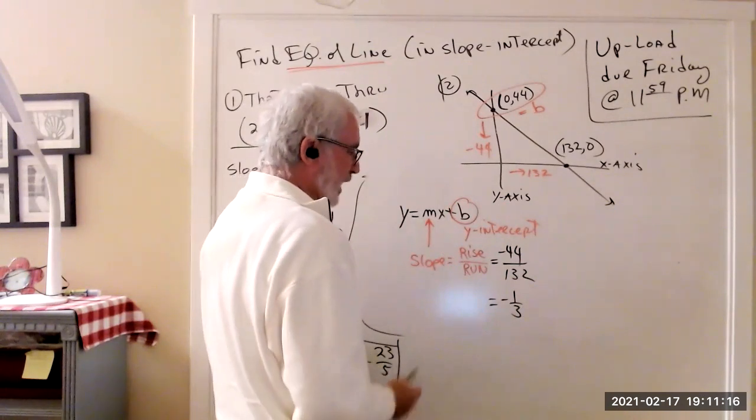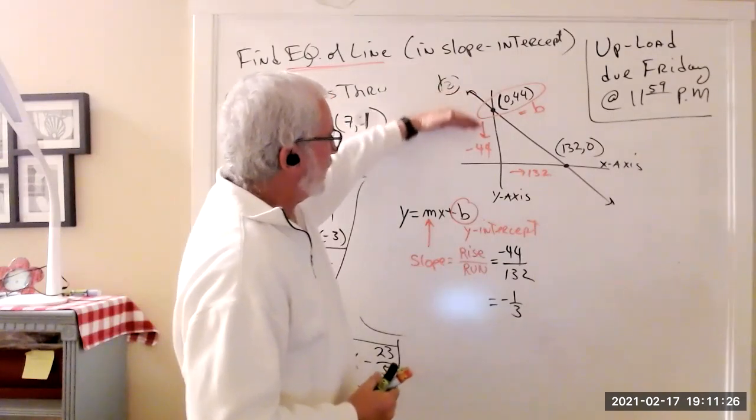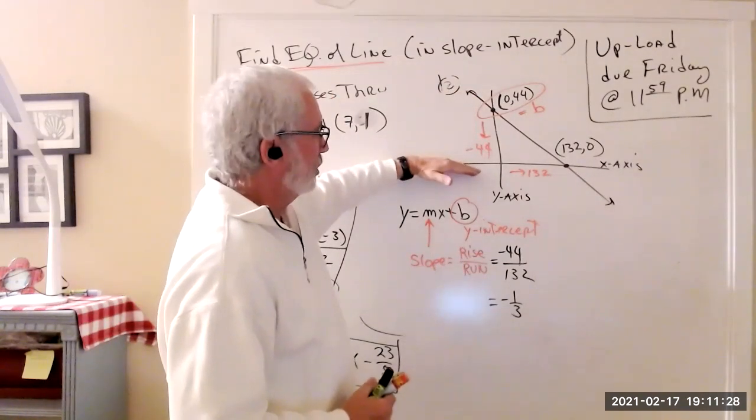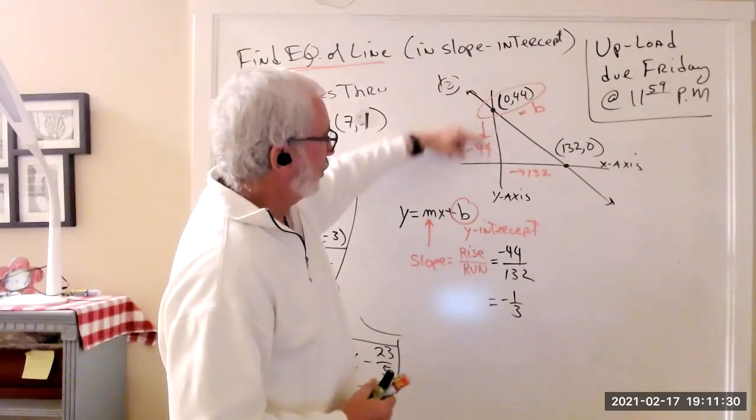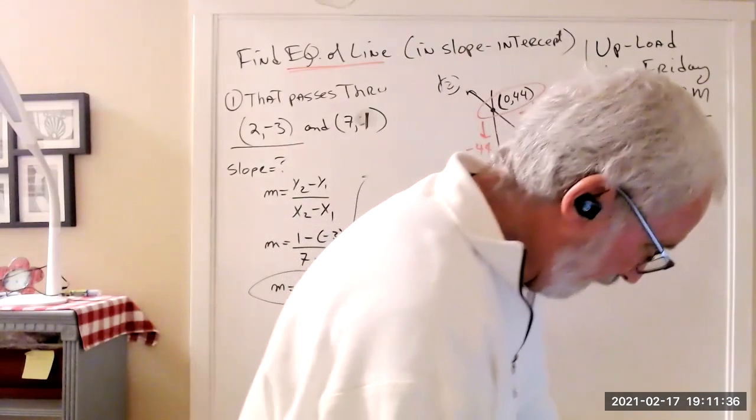Somebody pop that in your calculator. Does it? I'm pretty sure it does. Okay, how'd you get negative 44? Well, because it was going down. I started at 44 and it came down here. Like the line is going down? Yeah, that's how you know.